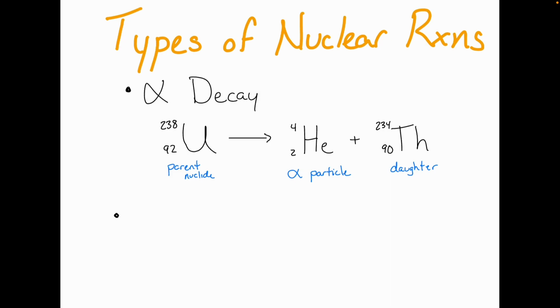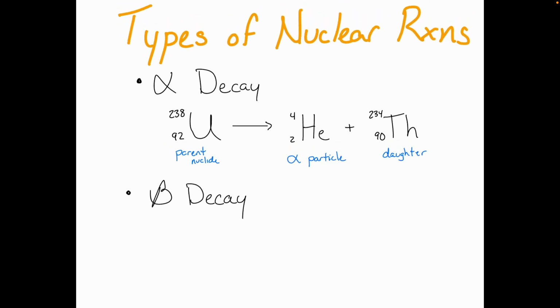Another type of nuclear reaction, they really just run through the Greek alphabet here. Beta decay. All right.